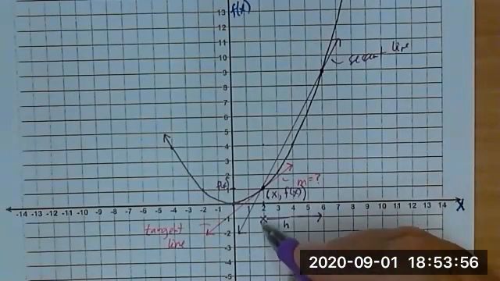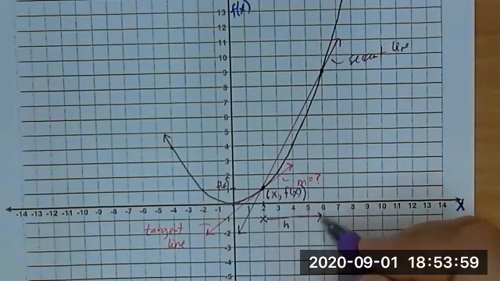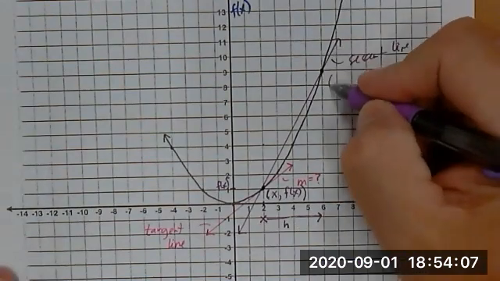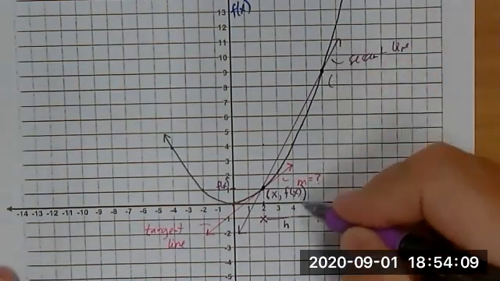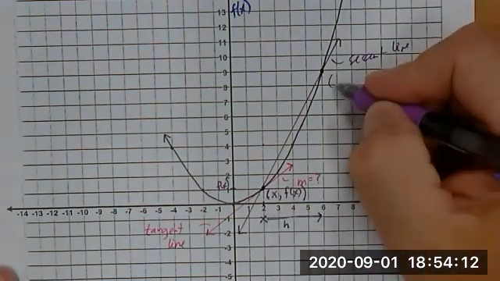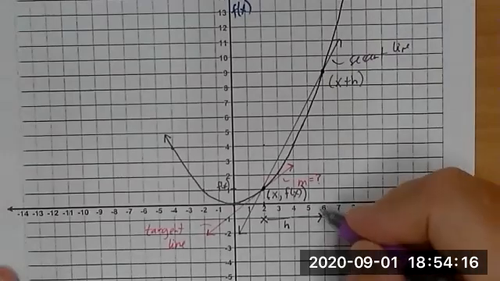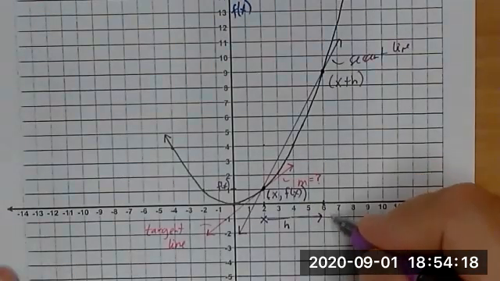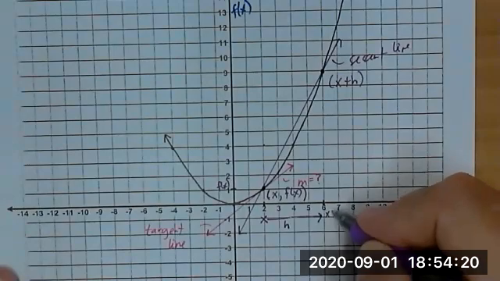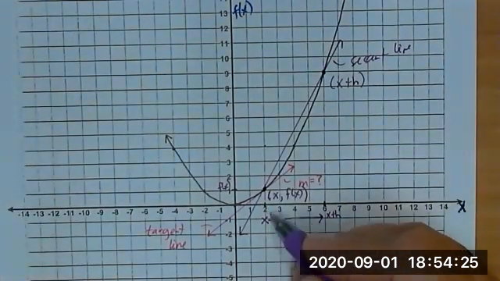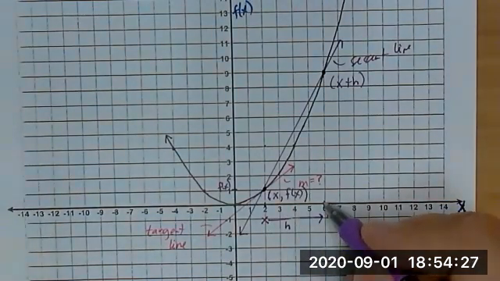What's the change in the horizontal, the change left and right? It's this distance h. Therefore, for this point up here, what would the x value be? It's going to be x plus h. Because if x is this distance, and I add h, this is x plus h.